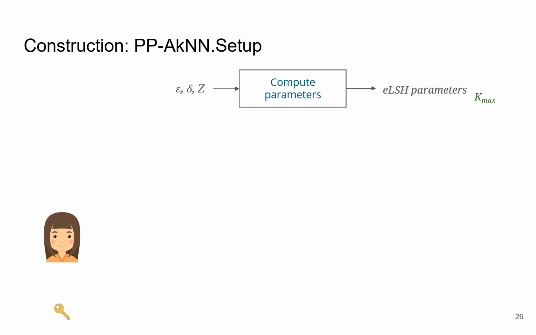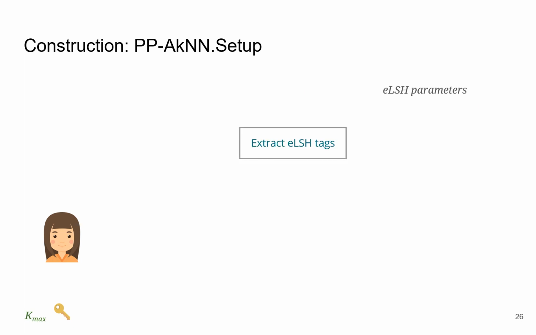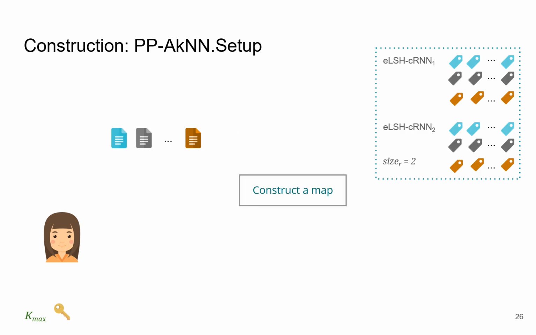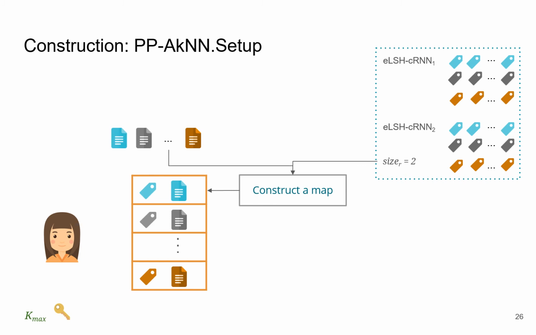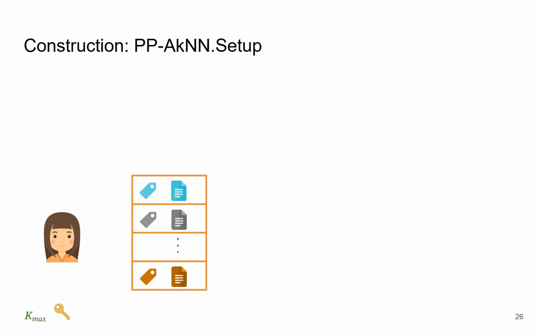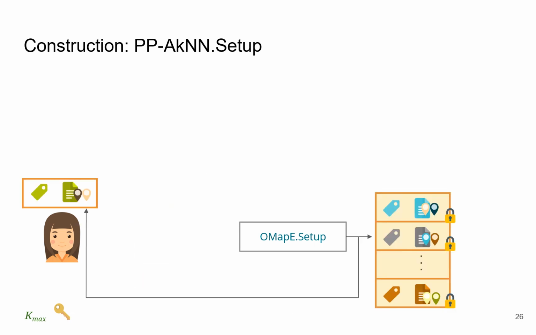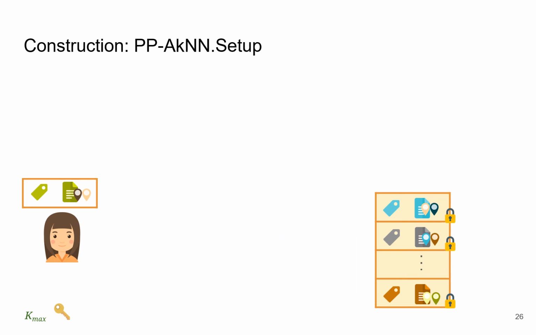The algorithm will output ELSH parameters and kmax. ELSH parameters will then be used to extract the ELSH tags, and the tags are used to construct a map with her local files. Finally, the client will run the Omap setup stage, and it will take as input her secret key and the lookup map, and output an encrypted database that is stored on the server.